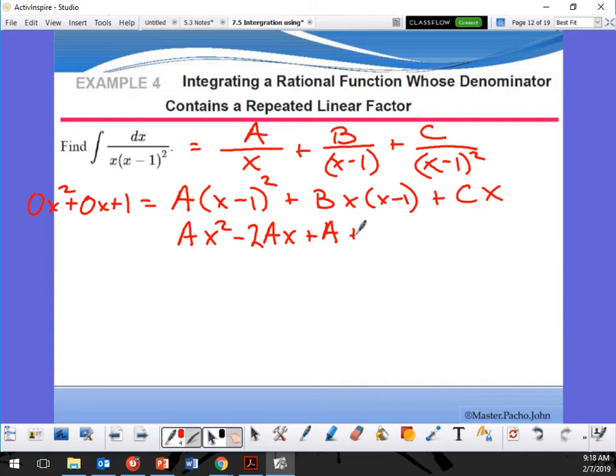Then this is going to be plus b x squared minus b x, and then plus c x. So again, 1 plus 0x plus 0x squared.